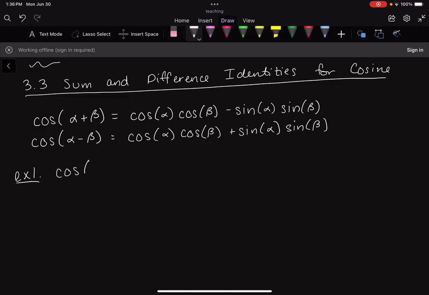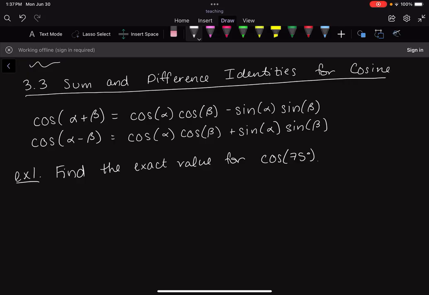Starting off with cosine, let me write some directions in here, sorry. Let's say find the exact value for cosine 75 degrees. Now, when you're asked to find the exact value, what we're looking for is, what is cosine of 75 degrees?